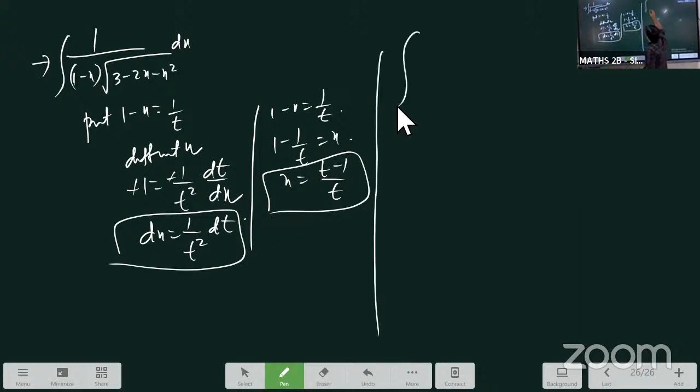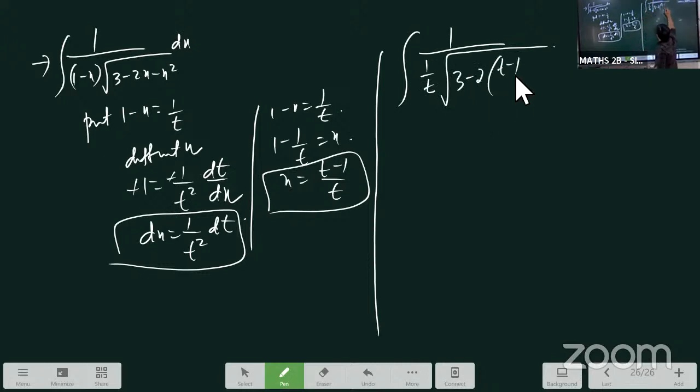That is integration of 1 by t, under root of 3 minus 2 into what is your x? t minus 1 by t, minus (t minus 1 by t) whole square.